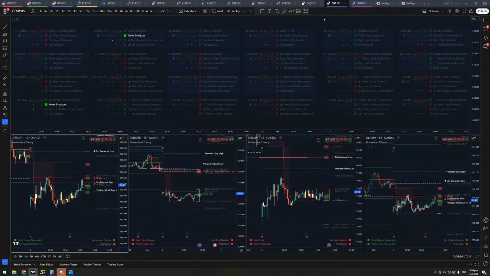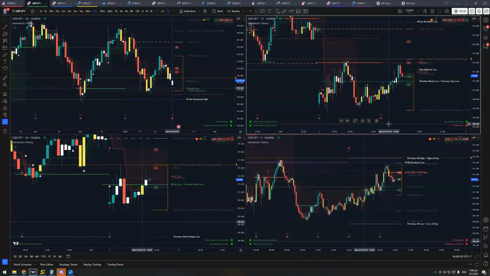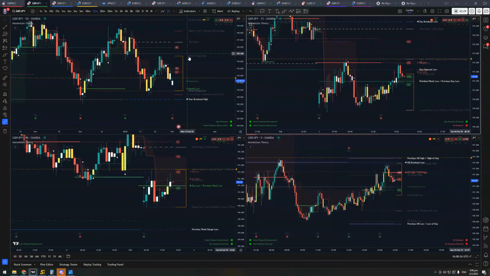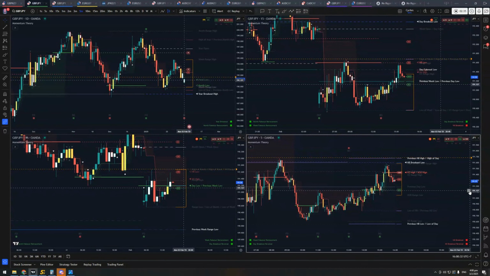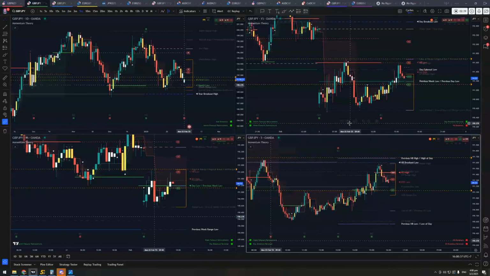But price is not behaving how I want it to. Okay, nothing for me to do right now. I wanted to see it come up or flip this H2. If it does either of these things, I'm okay.